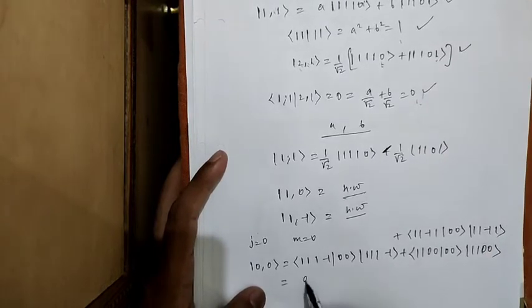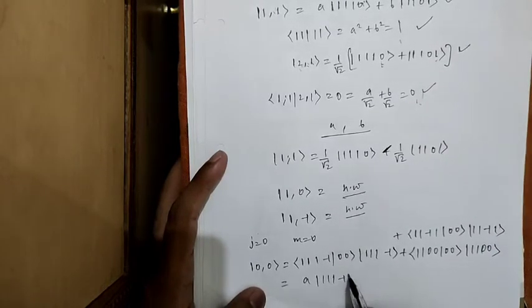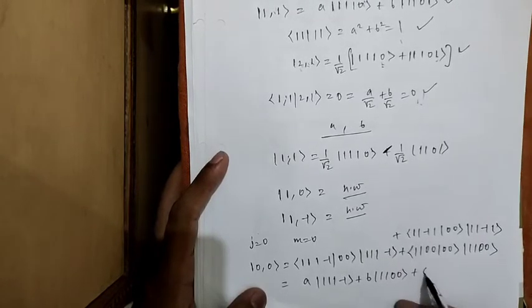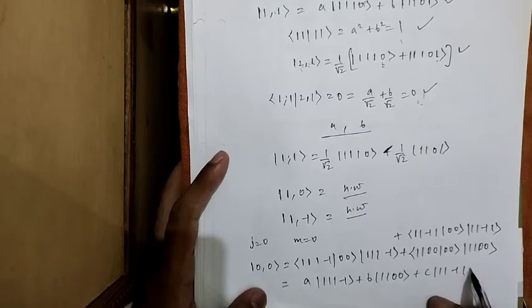Okay, so this gives us the state 0 0 equals a 1 1 1 -1 plus b 1 1 0 0 plus c 1 -1 1.